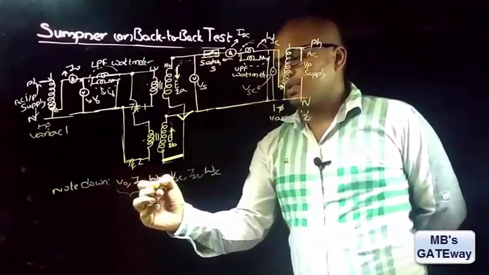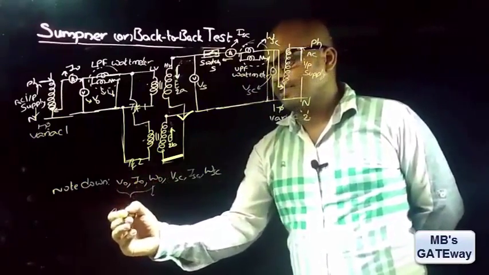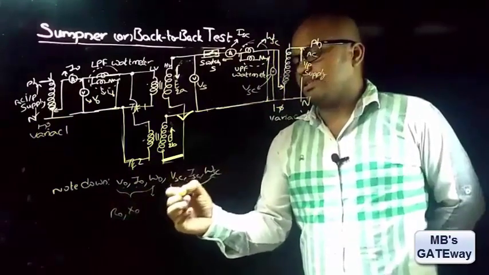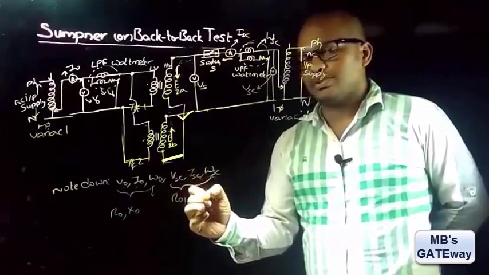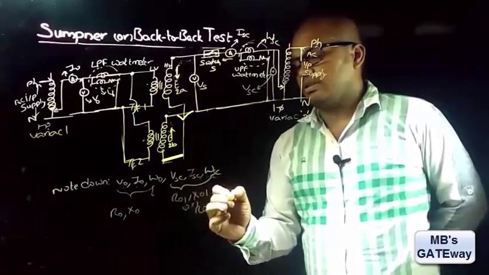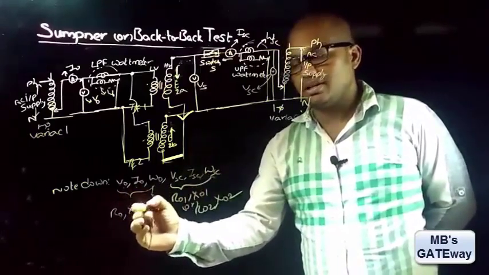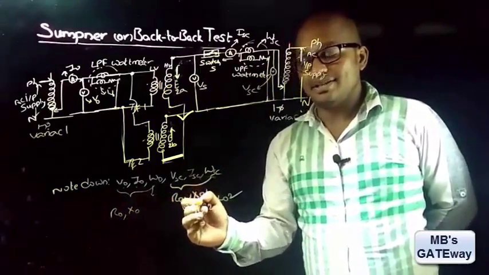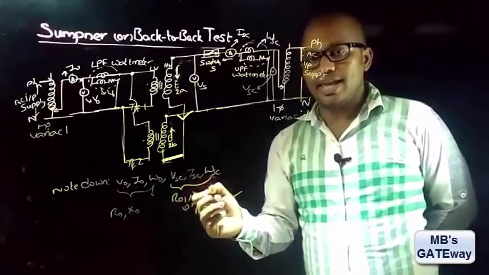It is known from the open circuit test that by using these three data you can find the shunt branch elements R0 and X0. And by using this data you can find the series branch elements R01 and X01 or R02 and X02. Each transformer's shunt branch elements are equal to R0 by 2 and X0 by 2, and each transformer's series branch elements are equal to R01 by 2 and X01 by 2.